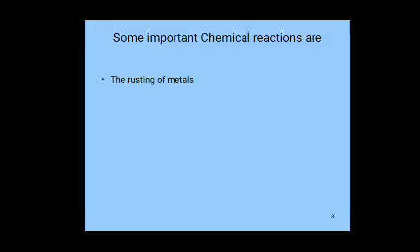The cation and anion together form a stable molecule on the surface of metal. This formation of molecule on the surface is called rusting of iron.